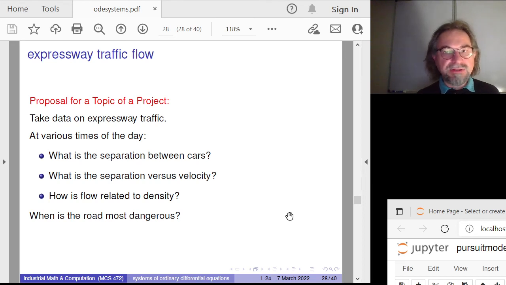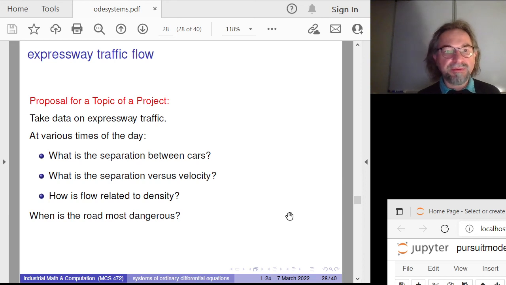And that's the third part. How is flow actually related to density? So, flow meaning the number of cars that pass through. So, when is the road most dangerous? And that's most likely between the transition times. So, not so much perhaps in the rush hour or in the off rush hour, but just in between, when things are starting to speed up or slow down.